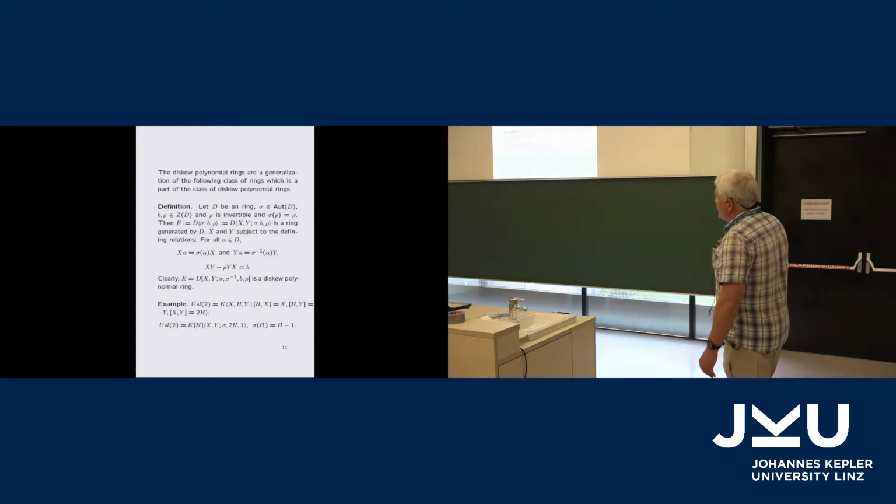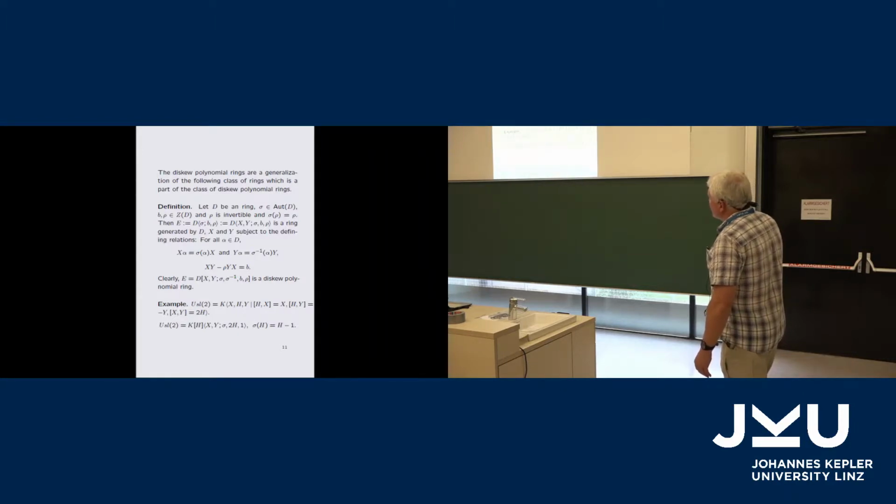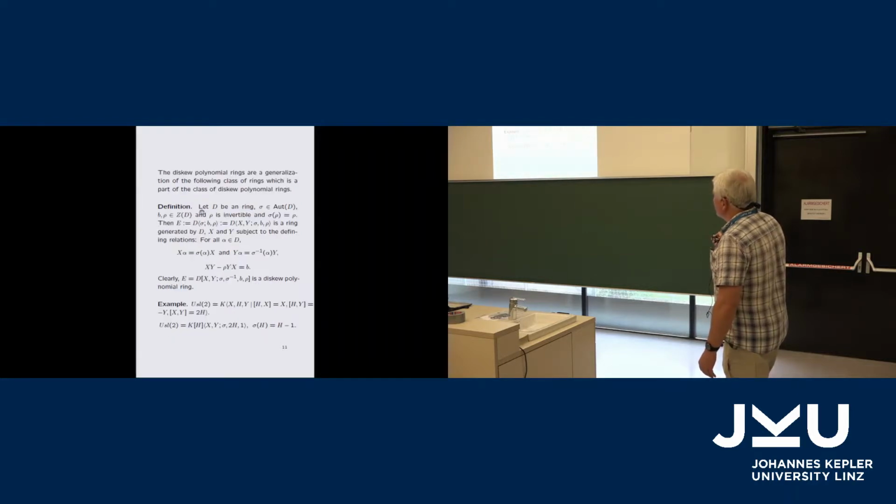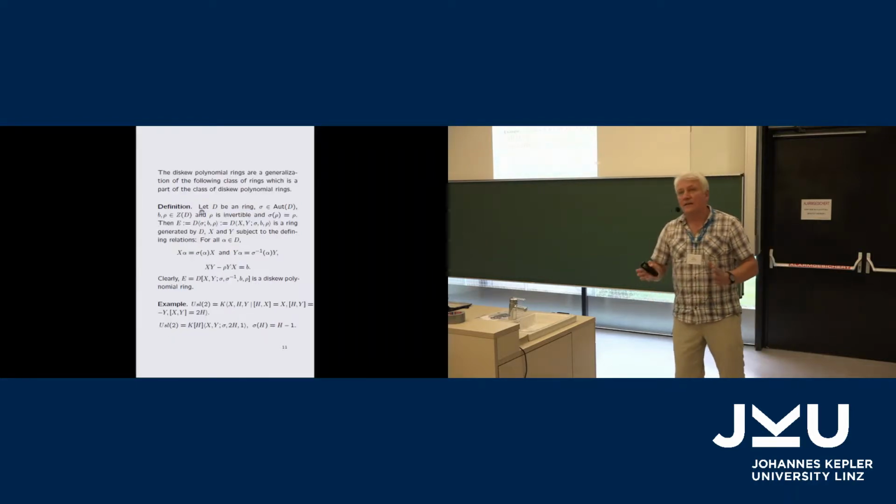Then you have a ring which is obtained from D by adding two variables x and y that satisfy this relation, where tau is sigma minus 1. So you see this condition, rho is sigma invariant and belongs to the center, automatically satisfies condition 1. So it means this is condition 1, which is necessary and sufficient for the construction to exist.